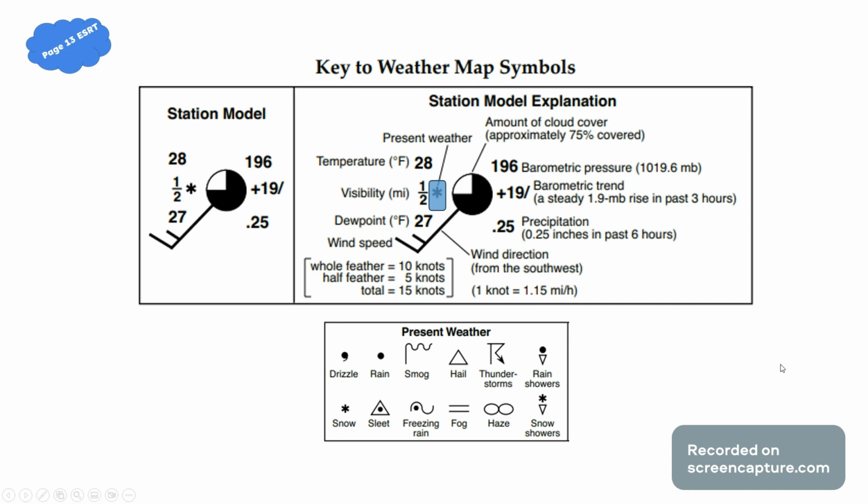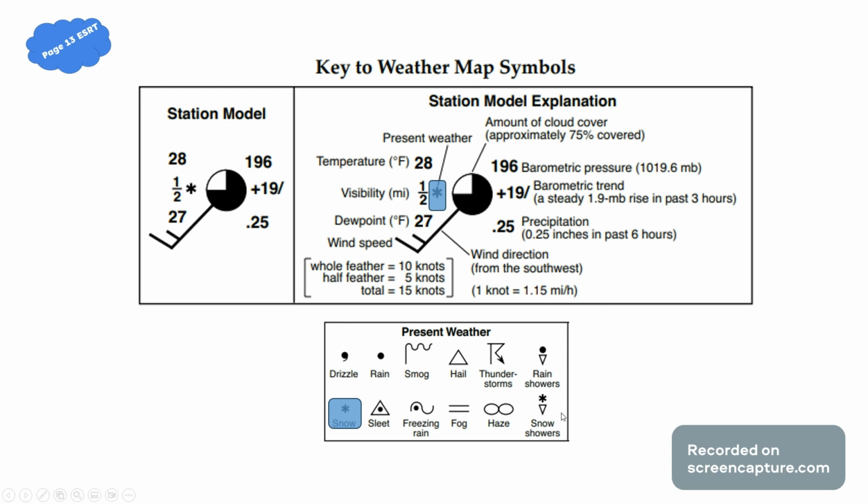Next, we have this little star. This little star on the left side of your circle represents snow. And down below, I have all the different present weather symbols. Any one of them could take the place of that star right there representing our snow. So if it is raining, you would just have a little dot.